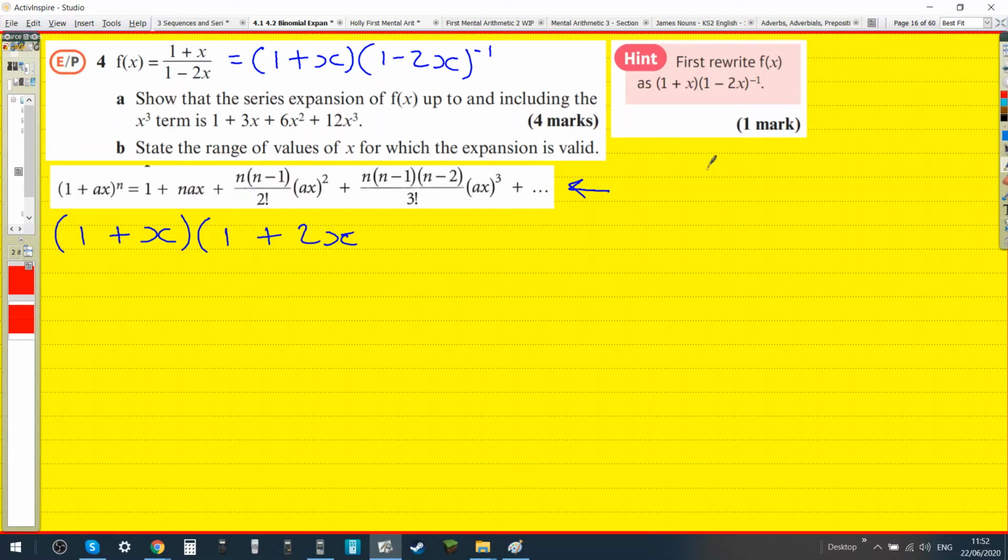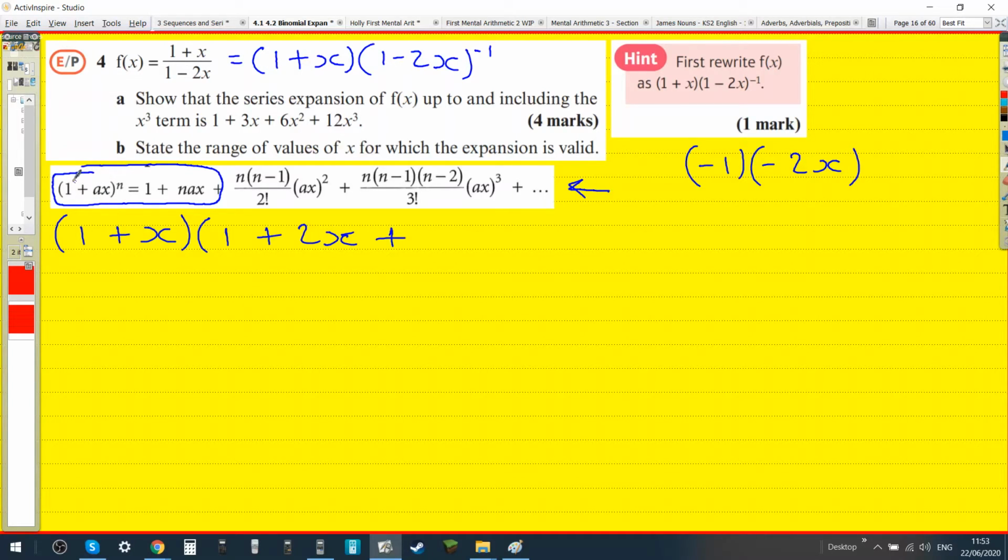So n is minus 1. ax is minus 2x, so it's plus 2x. Yep, plus 2x is correct. But isn't it minus 2x to the power of minus 1 rather than times minus 1? So you can see here.